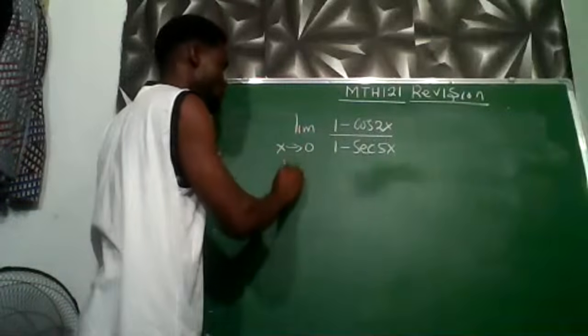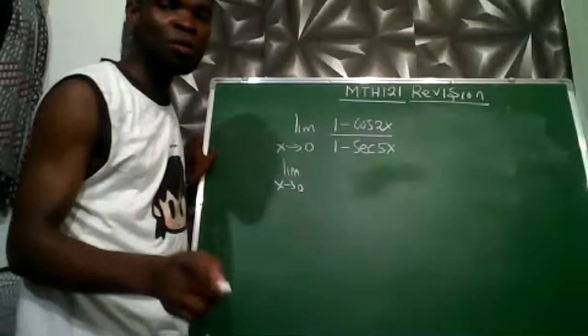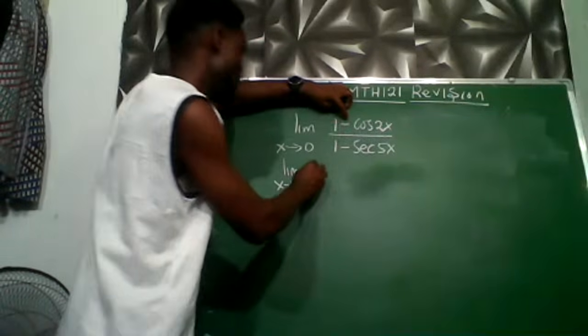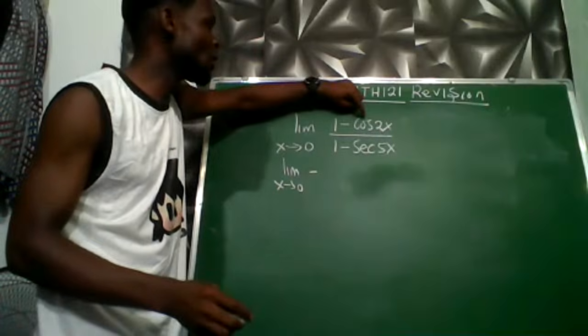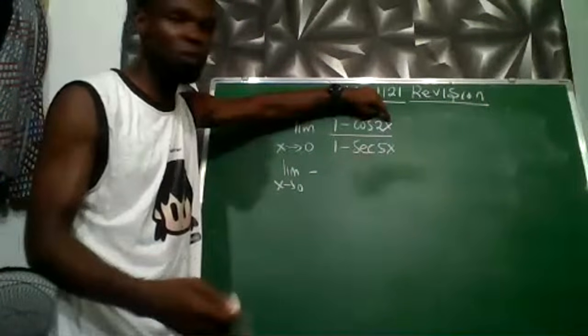So this is the limit as x tends to 0 of, now note that the derivative of 1 is 0, minus the derivative of cos 2x. By now you know how to differentiate a trigonometric function.